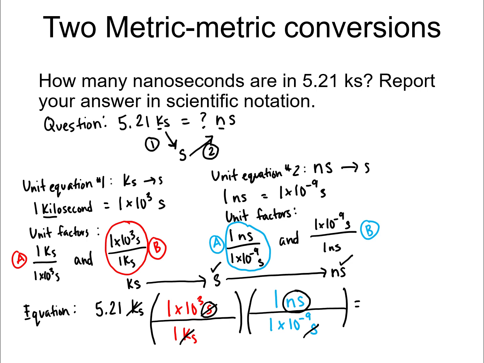For putting this into your calculator, you've got 5.21 times 1 times 10 to the third divided by 1 times 10 to the minus 9. Try putting that into your calculator. Let me know what you get.